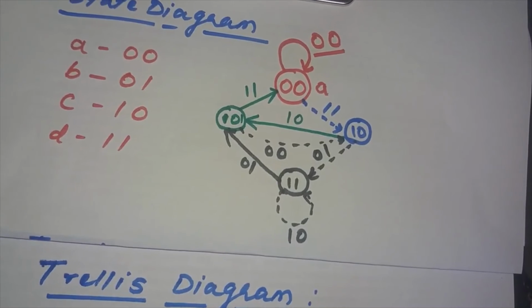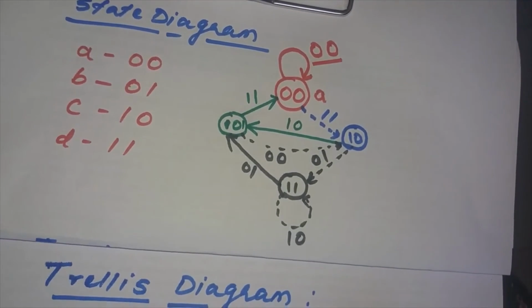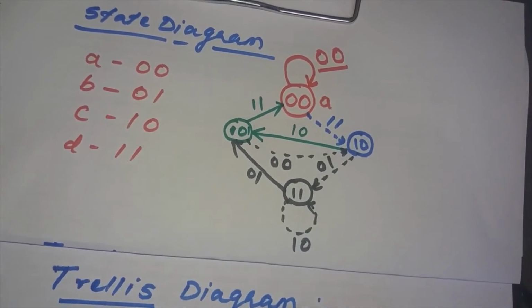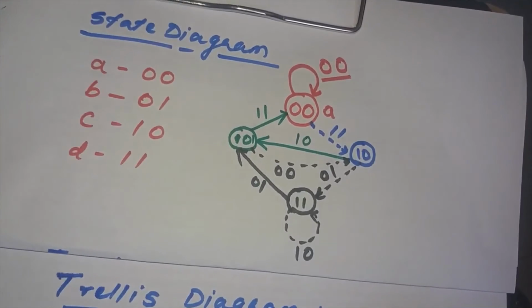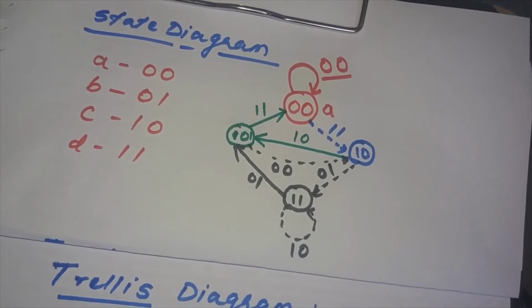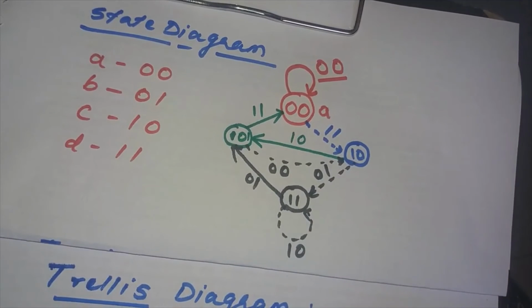From here we move to the next column with a dashed line and the output here is 0, 0. So for the third column, for all these states in the third row, we have to repeat this. From here we move to state 0, 0 with output 1, 1, and when input is 1, we move to state 10 with output 0, 0.